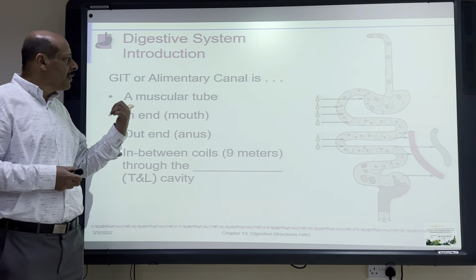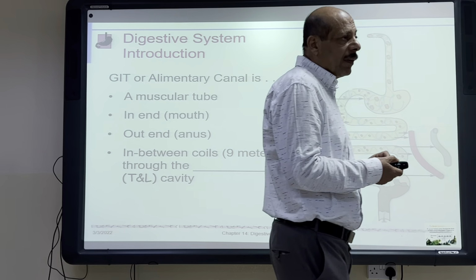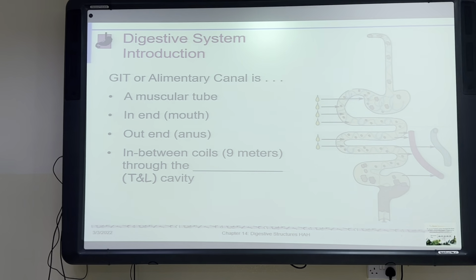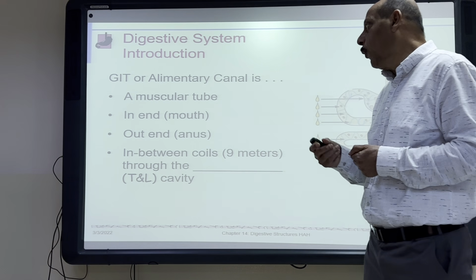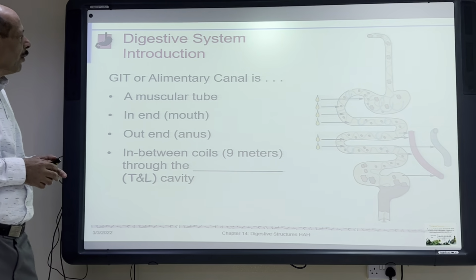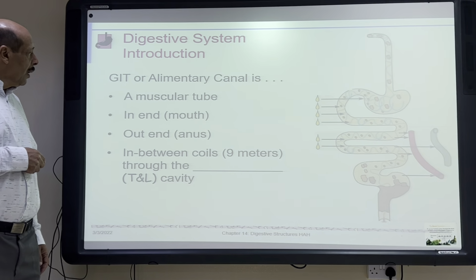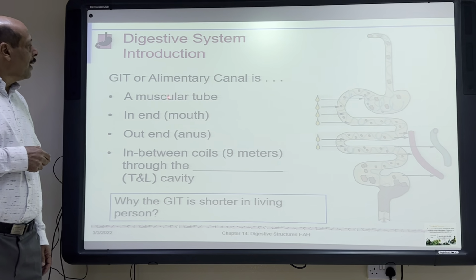In the digestive system, what we call the alimentary tract, it is the other name of the digestive channel or the digestive pathway. So the gastrointestinal or alimentary canal is a mucosal tube.